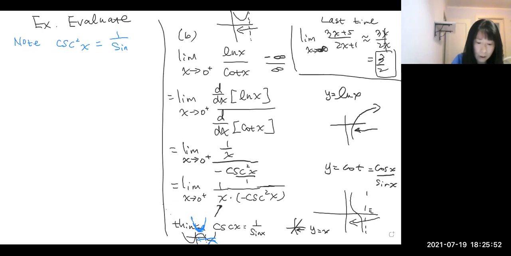So we know that cosecant squared x is the same as 1 over sine squared x, right? So let me just rewrite this one.